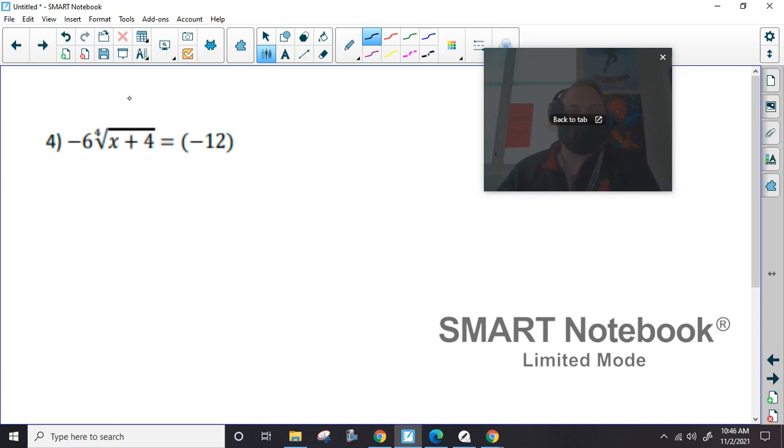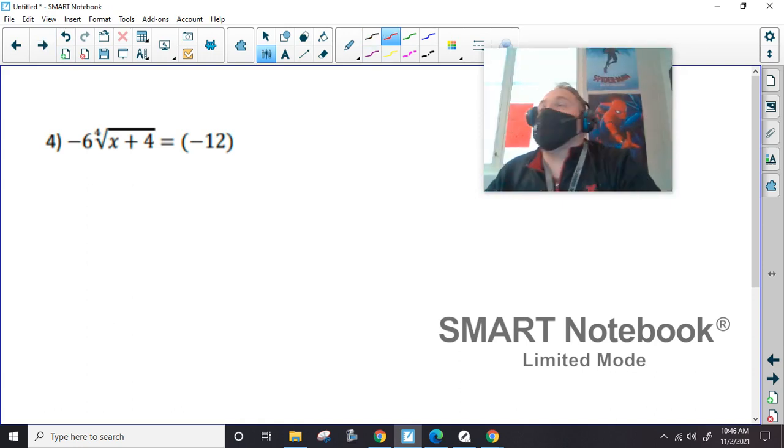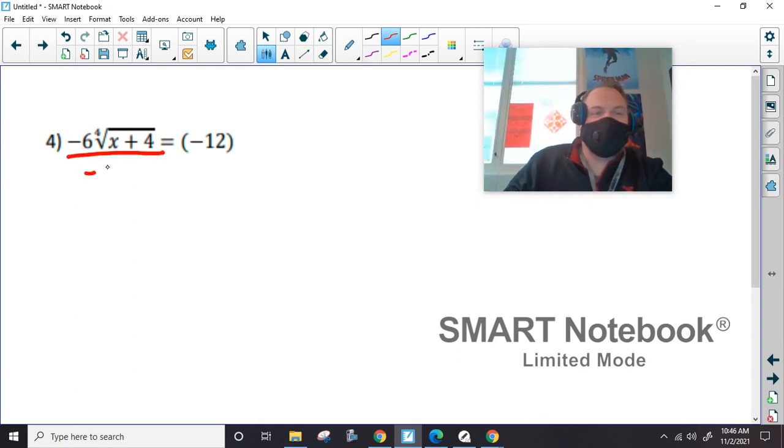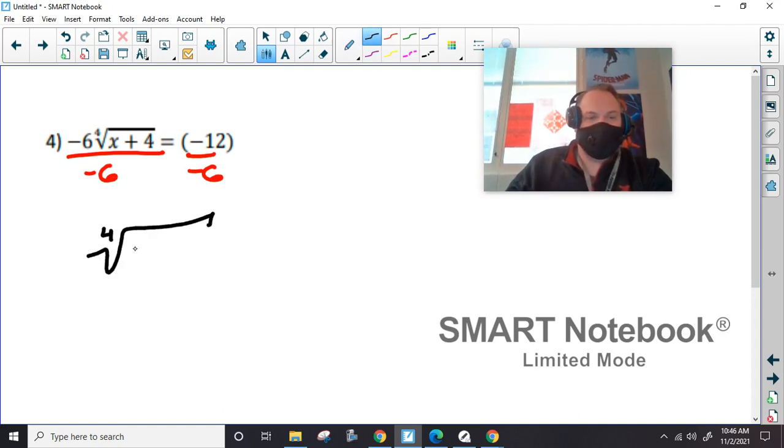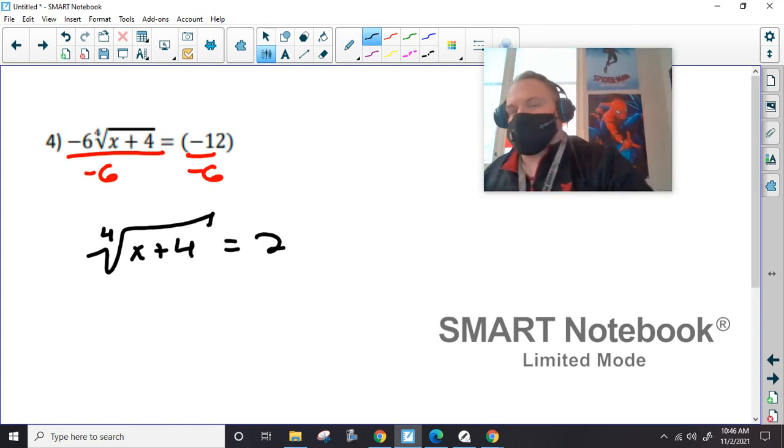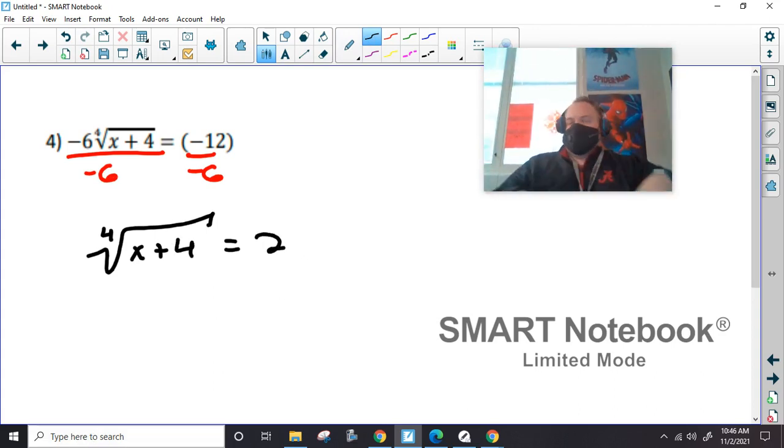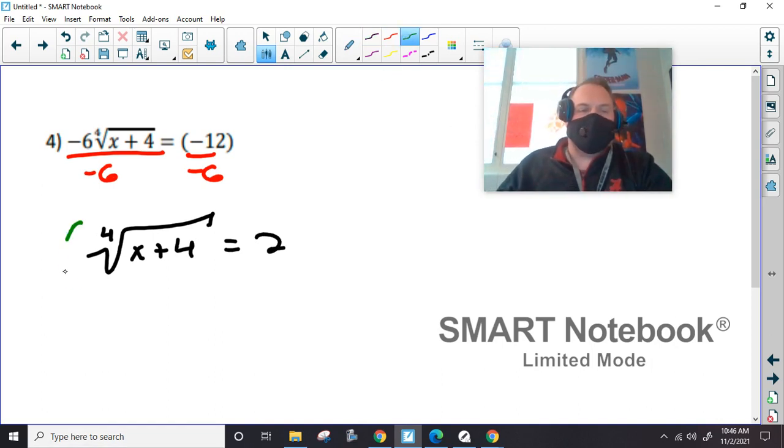All right. So if we look at number 4 and we have a -6 right here, we have to divide by -6. Now, we're going to take this, and instead of cubing it or squaring it, we are going to fourth it.